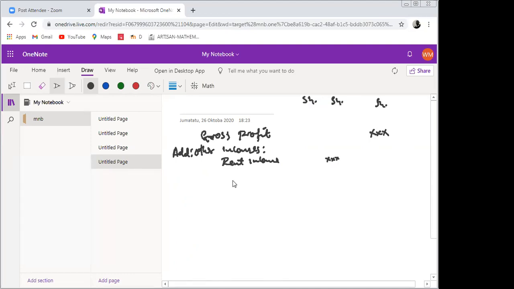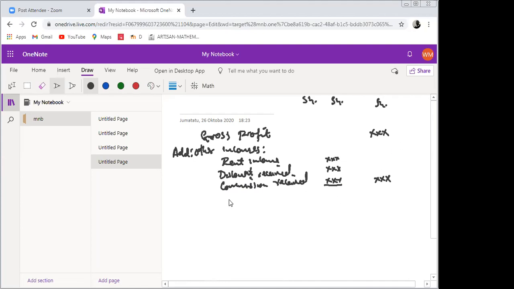Another additional income can be something like a discount received. It can be something like commission received. Commission received is an additional income like that. You normally add this income and include it to the gross profit.